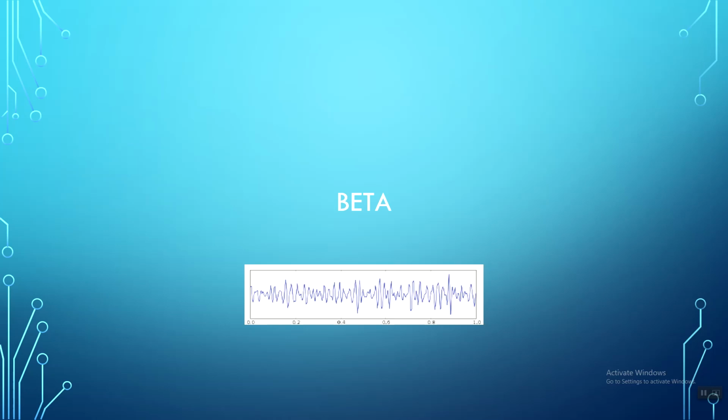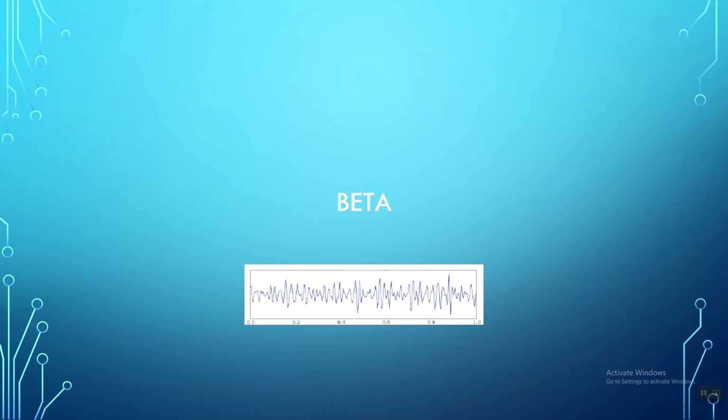So beta. Everybody in this room right now is in beta. I'd put $1 million down on it unless somebody's sleeping that I can't see. Beta is a frequency of 12 to 30 hertz. Beta 1 is 12 to 15. Beta 2 is 15 to 19.